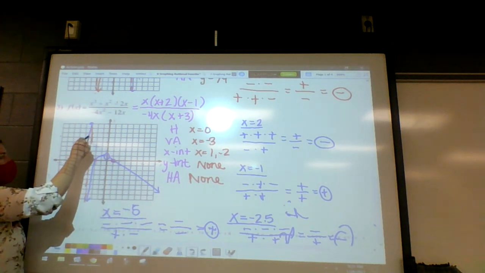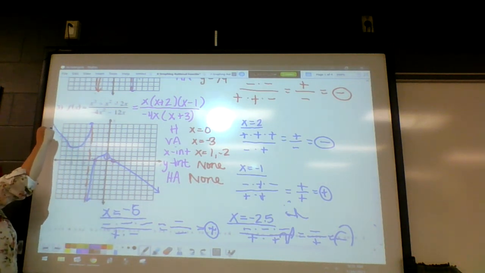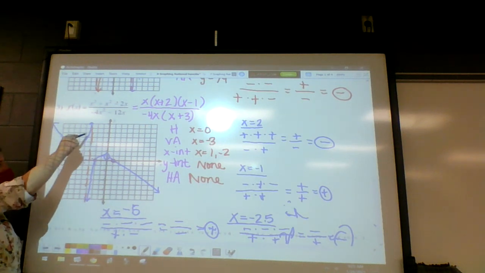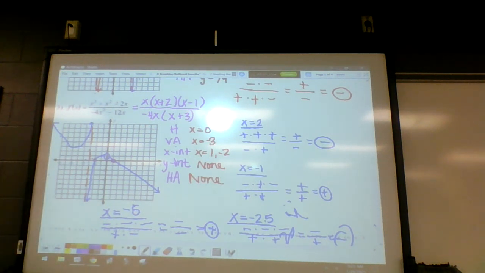It's just going to curve. At some point, it curves and heads back out. Just make sure that it doesn't go flat, doesn't go horizontal, and make sure it does not cross the x-axis. Those are the two things that I would be looking for, that it doesn't cross the x-axis and it doesn't go flat.